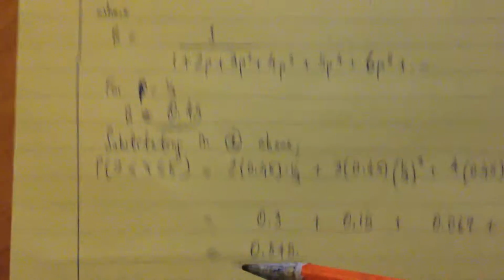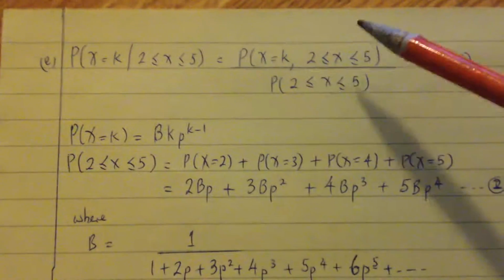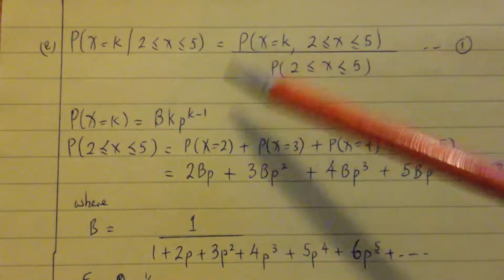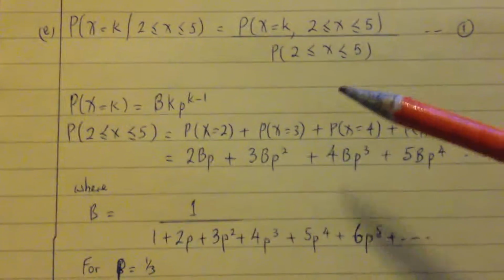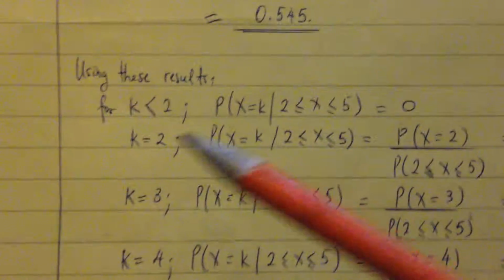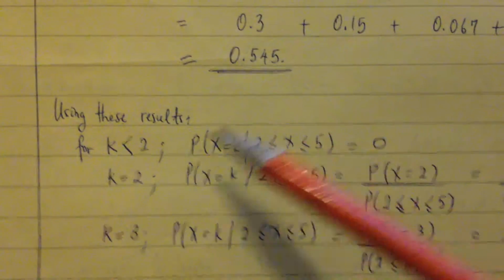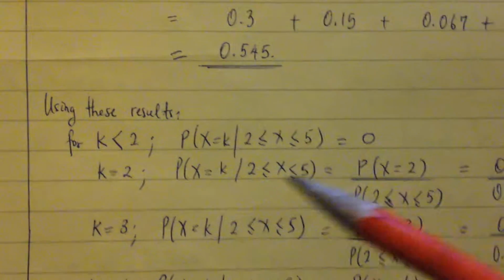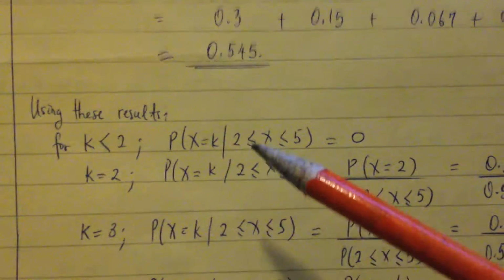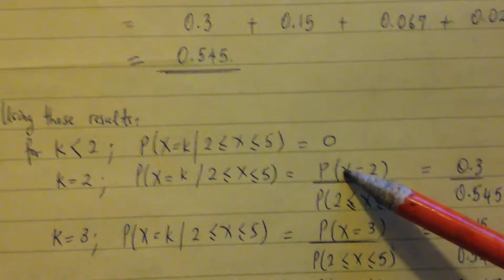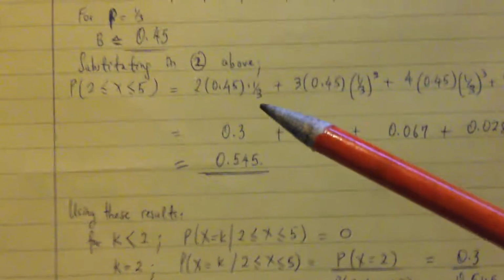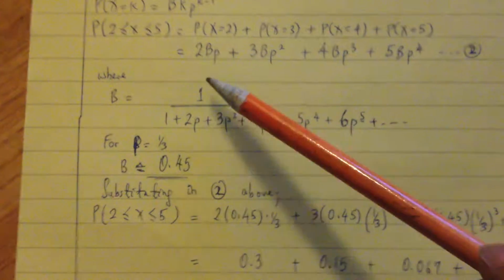Now, using these results, we can go back to this statement here, which is our main result for different values of k. So for k less than 2, there's no intersection, and the probability is equal to 0. For k equal to 2, the intersection is the probability that x is equal to 2, which from up here you've already got as 0.3.